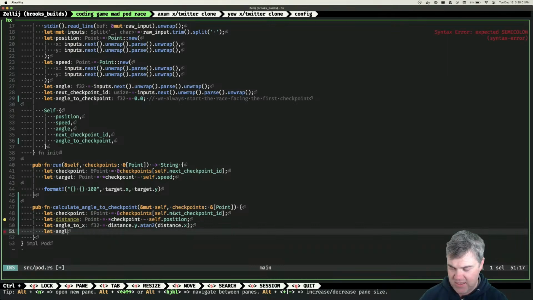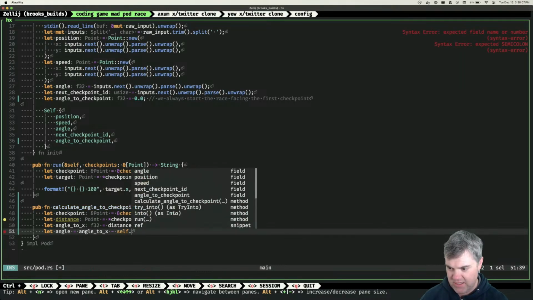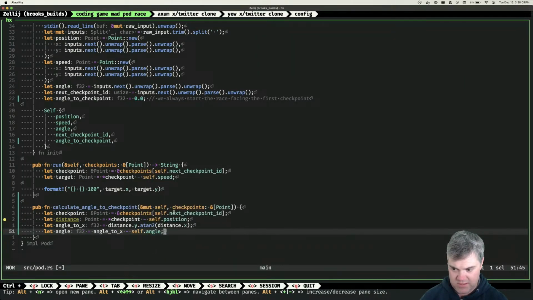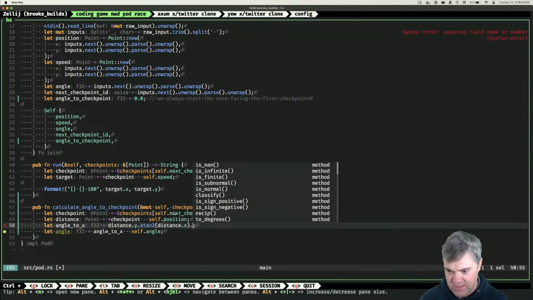So let our real angle be angle to x minus self dot angle. Just keep in mind that atan2 returns radians. Do I need to convert? Yes, I probably do, so I need to convert this to degrees.